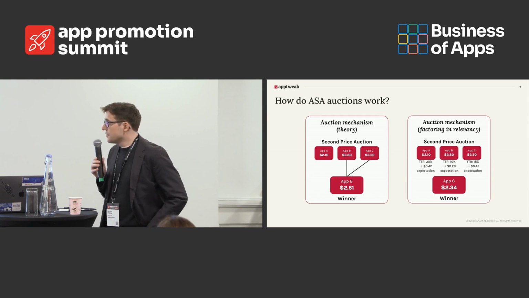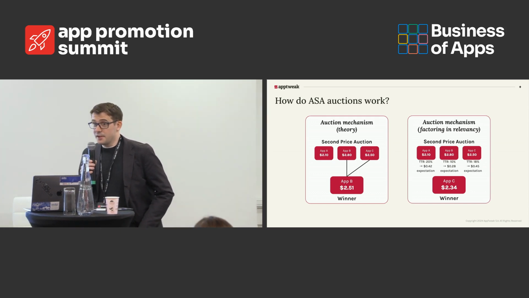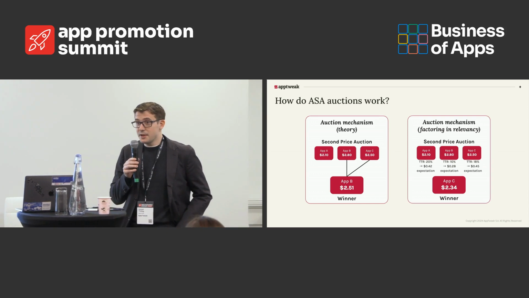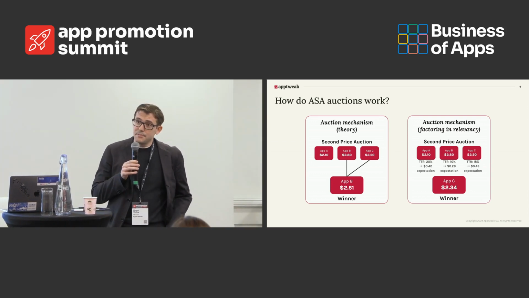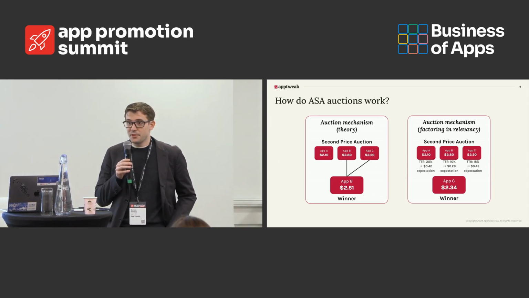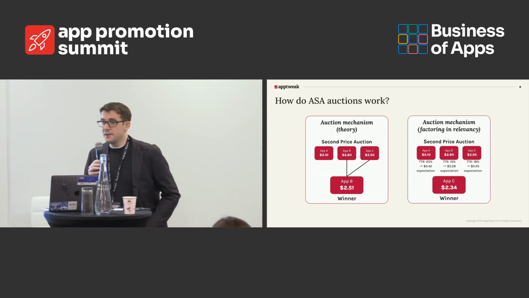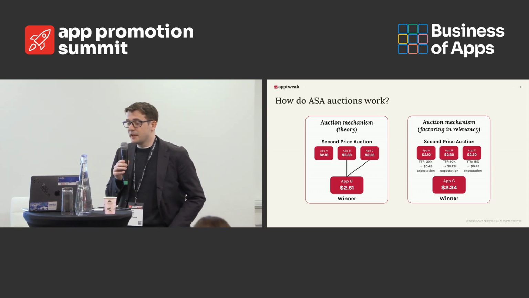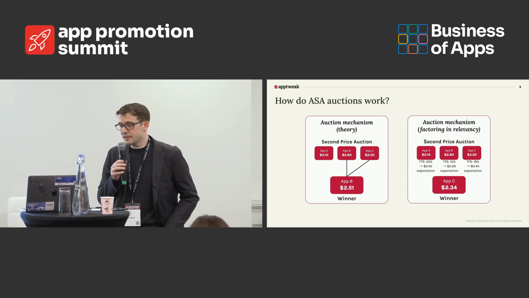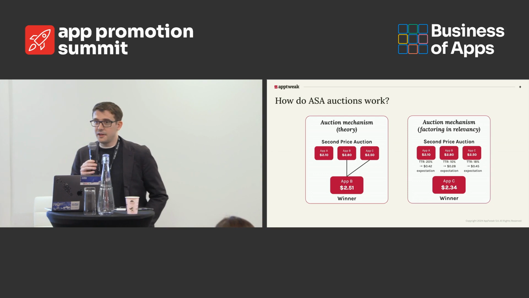And if we consider that what advertisers are bidding on are impressions, but what they have to pay is a cost per tap, not a cost per impression, then actually the winner of the auction has to be the best balance between who has the best tap-through rate and who has the highest bid.